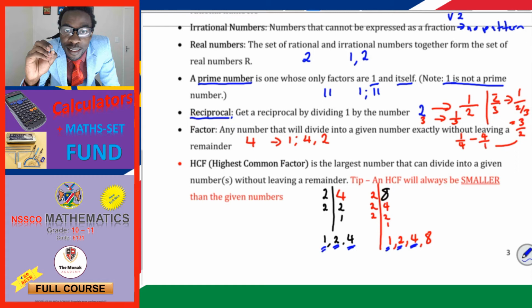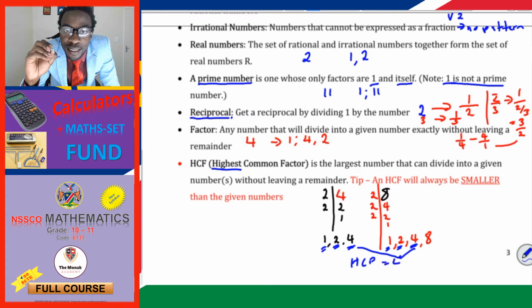But we want the highest common factor. So if we are talking of highest, it means we only look at 4 and 4. So the highest common factor of 4 and 8, which means the number that goes in both 4 and also in 8 without leaving a remainder, is 4.